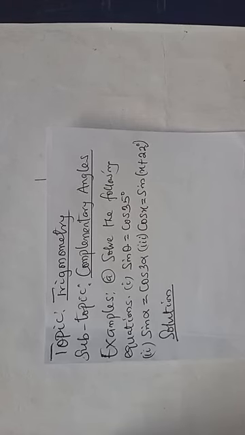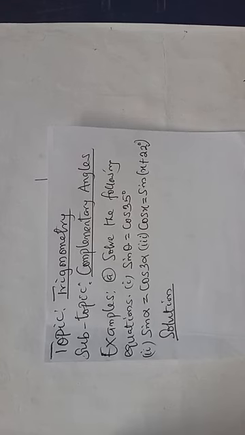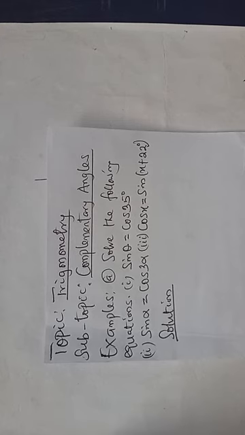Today let's make use of those identities by solving some examples. The first example says sine theta is equal to cos 35. We are going to find the value of theta. The next says sine alpha is equal to cos 3 alpha, so we find what alpha stands for.